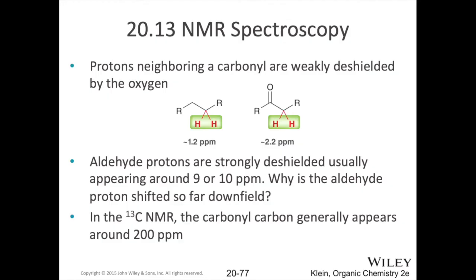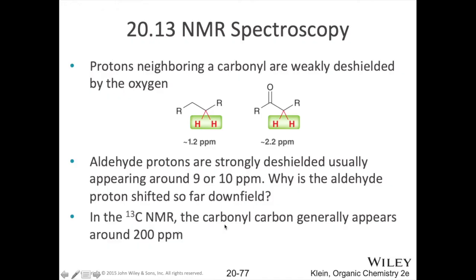Remember, those aldehyde protons are attached directly to that carbonyl carbon. So we have a significant influence from that electronegative oxygen, both in an inductive sense and from resonance effects. Okay, with carbon 13 NMR, that carbonyl carbon is sp2 hybridized. It'll show up in that 200 ppm range.